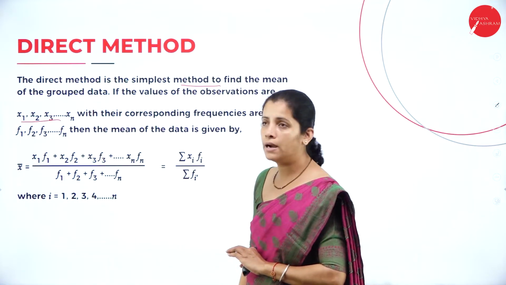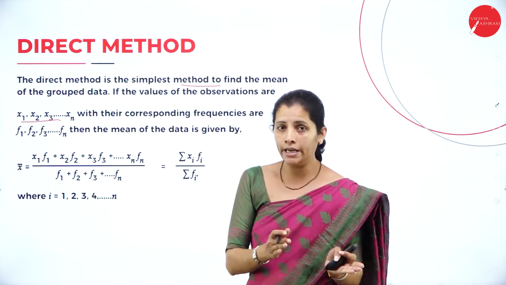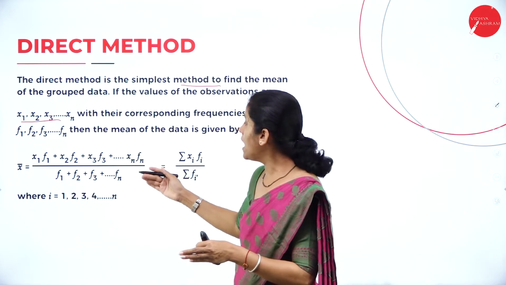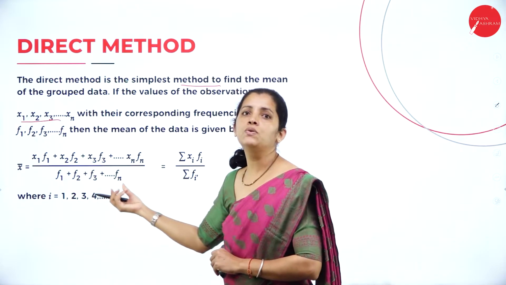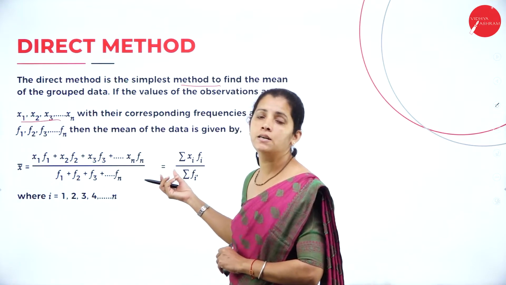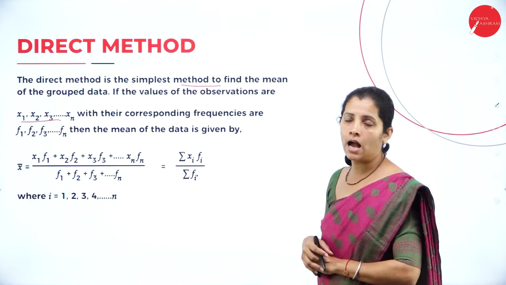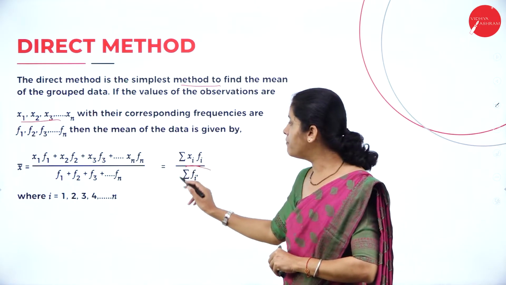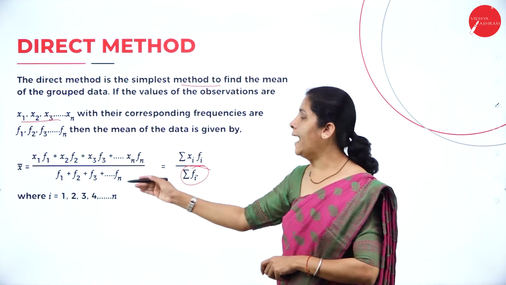Mean is data into frequency: first data, first frequency; second data, second frequency; until xn, fn, divided by f1 plus up to fn. In mathematical terms, summation of xi into fi divided by summation of fi, where i ranges from 1 to n.